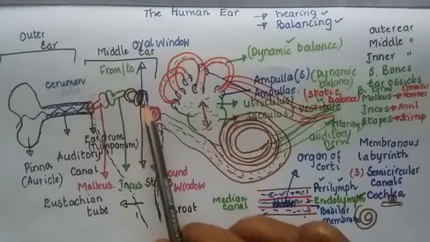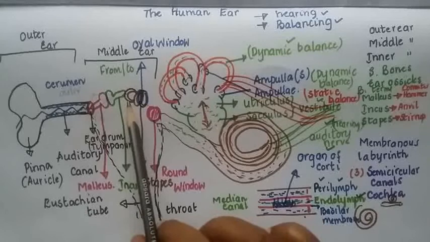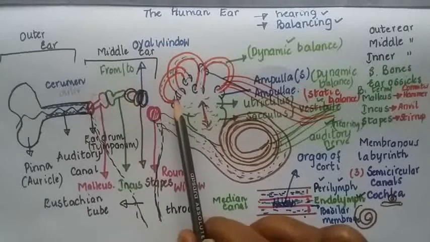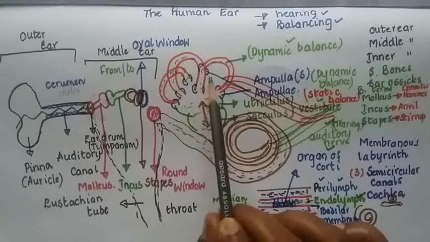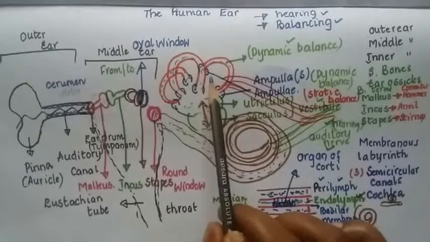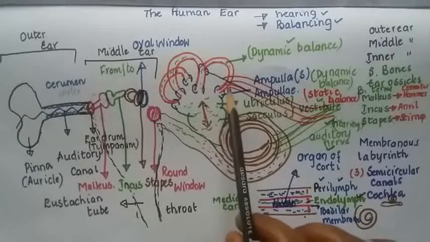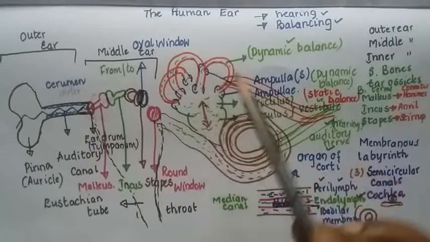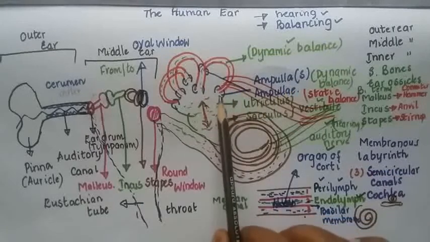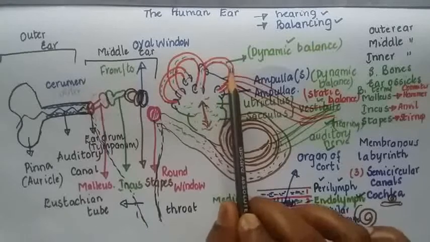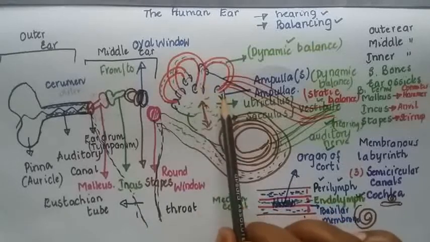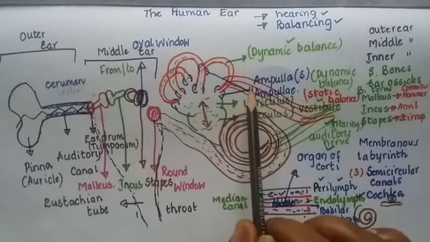The oval window is found in between the stapes and the inner ear. The Eustachian tube connects the middle ear to the throat. The semicircular canals are found in the inner ear above the vestibule.